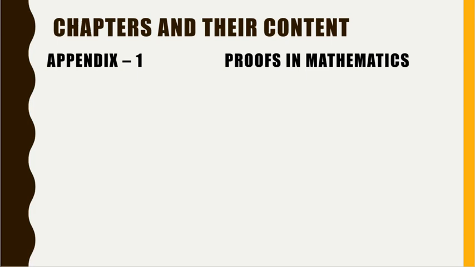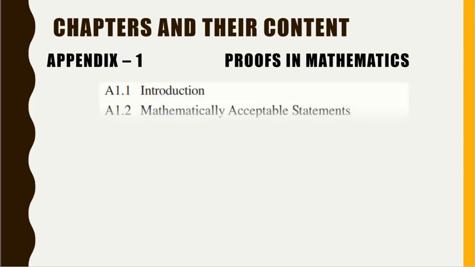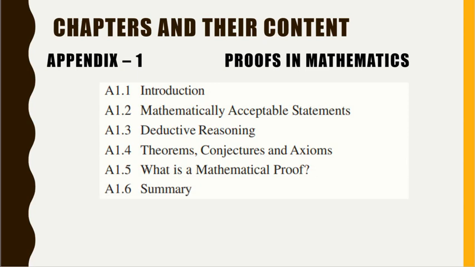You will come to know the meaning of theorem, axioms, postulates, and definable terms and undefinable terms through this appendix 1. Here the main subtopics are introduction and mathematically acceptable statements, deductive reasoning, inductive reasoning, theorems, conjectures and axioms, and methods of proofs. You will be learning these out of this appendix 1.